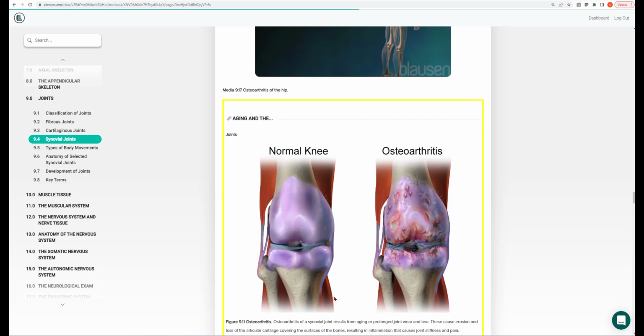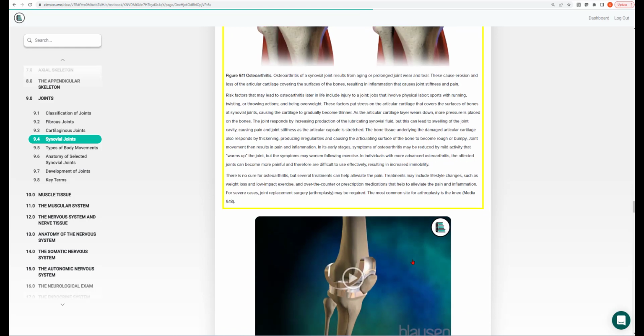This little section here just describes, in cartoon form, what a normal knee looks like. The cartilage looks smooth versus the ragged, jagged looking cartilage of osteoarthritis.